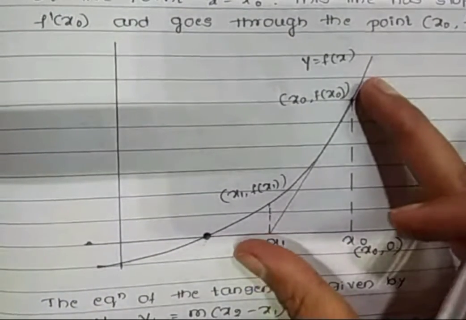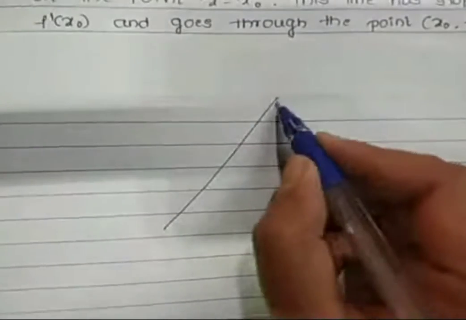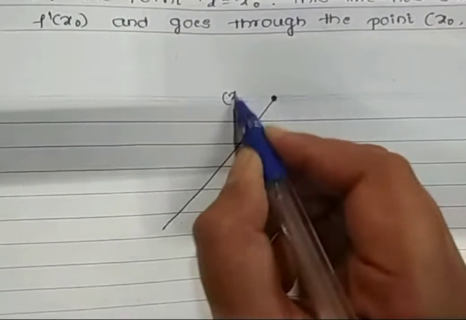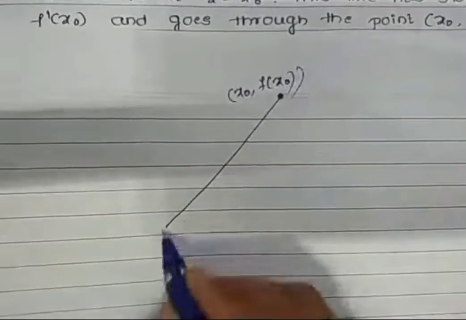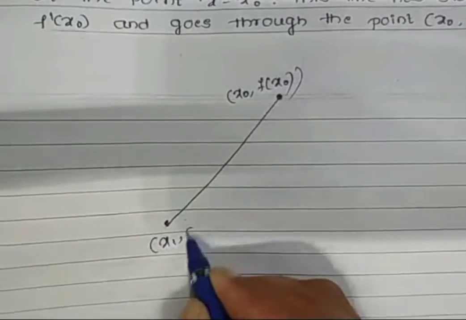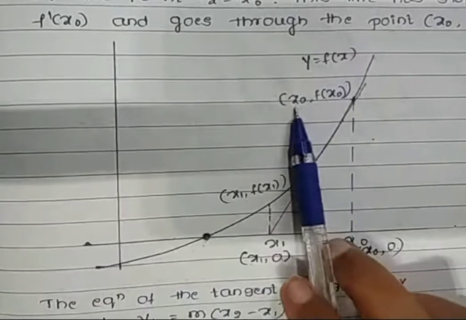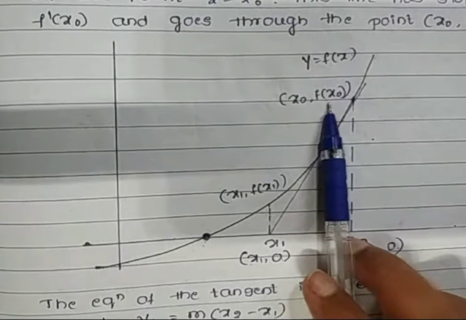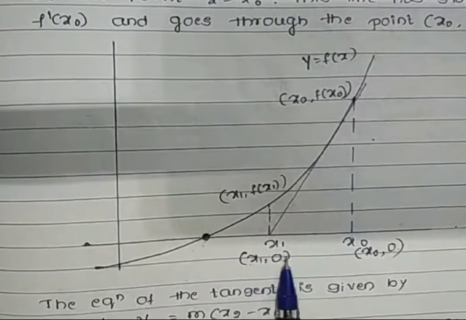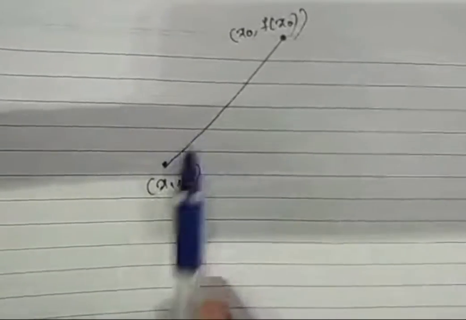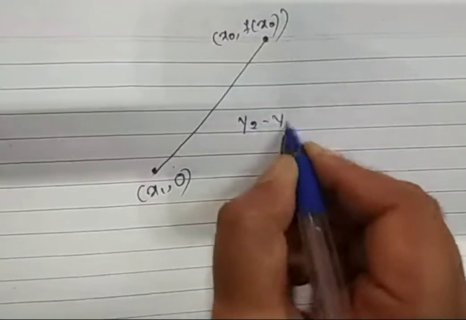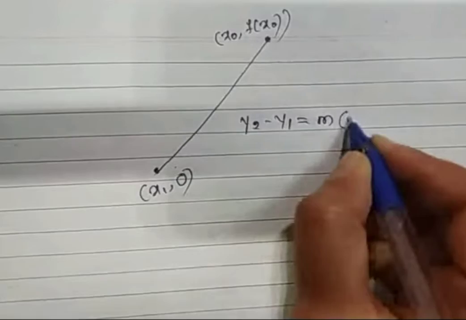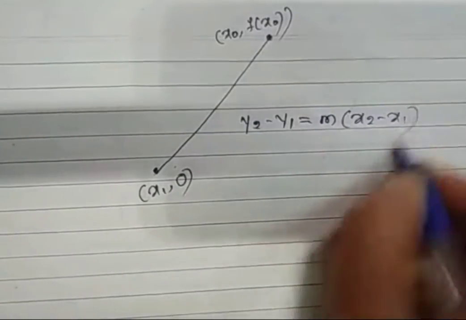Here one point is x naught comma f of x naught, and another point is x1 comma 0. For this tangent, we are calculating its equation using y2 minus y1 is equal to m into x2 minus x1.